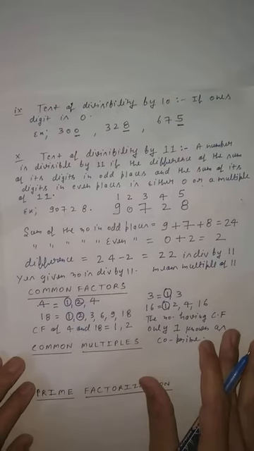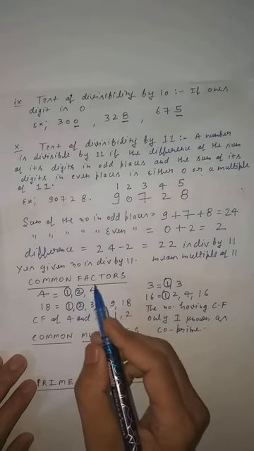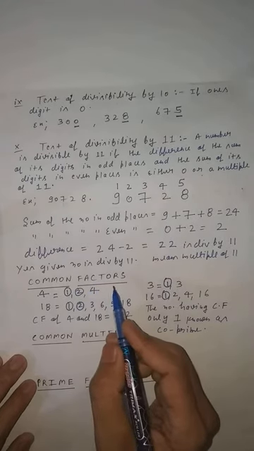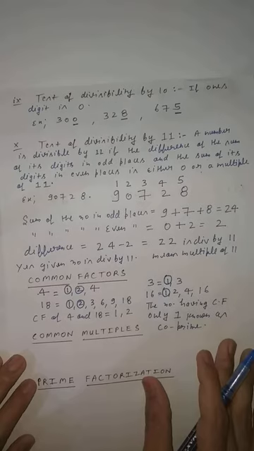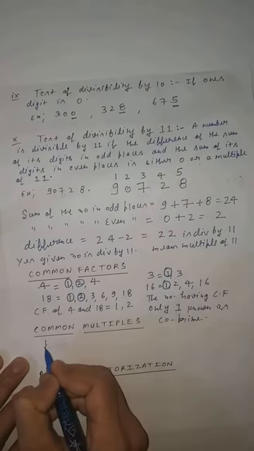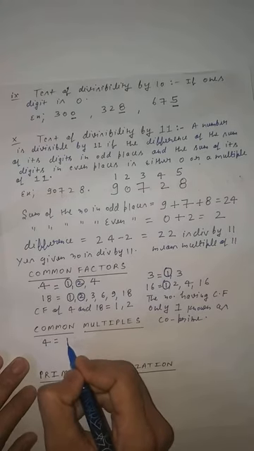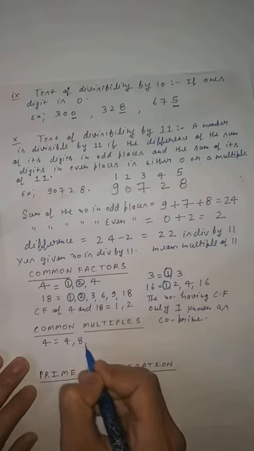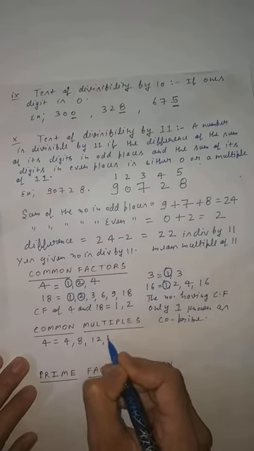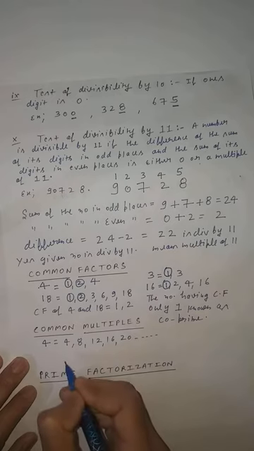Now next topic is common multiple. Here I explained common factors, now I am going to explain common multiples. For common multiples, again I take the example 4. For multiples, you have to write down the table directly: 4 1 is 4, 4 2 is 8, 4 3 is 12, 4 4 is 16, 4 5 is 20 and so on. Clear students?